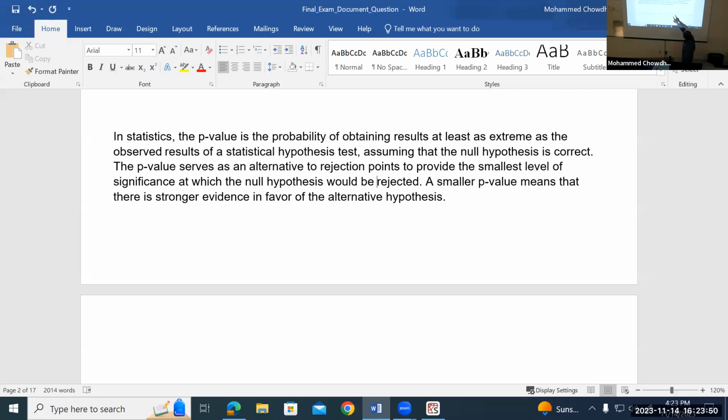In statistics, the p-value is the probability of obtaining results at least as extreme as the observed result of a statistical hypothesis test, assuming that the null hypothesis is correct. She is collecting data. If she finds that one student spent $33 for lunch, it is very extreme, right? And the probability of that extreme observation is also low.